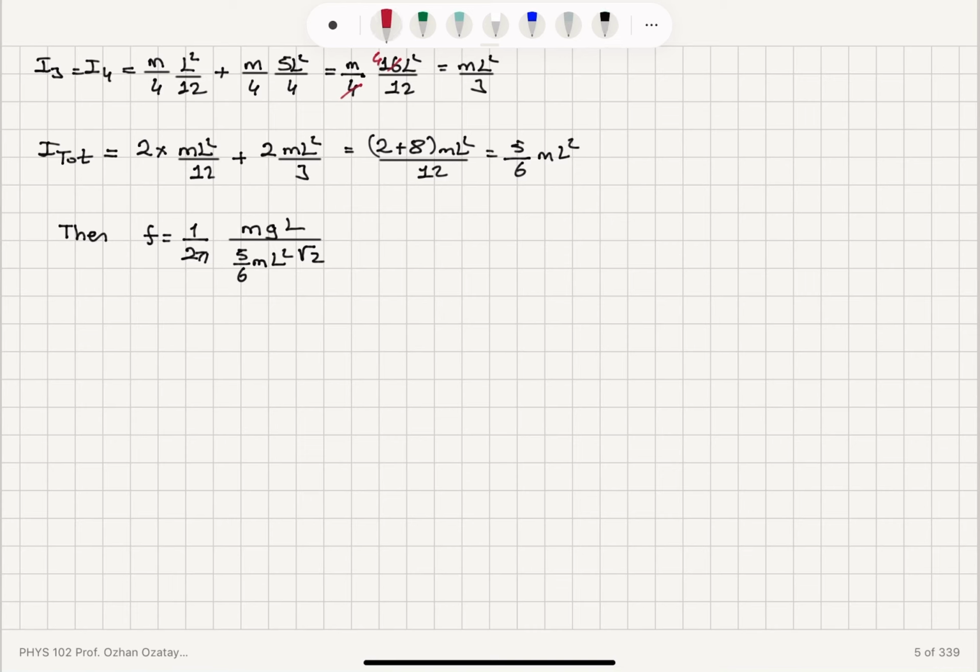You can see that the m's will cancel, one of the L's will cancel, and this will be inside the square root. And this will give me my final answer for the frequency of small angle oscillations to be 1 over 2 pi square root of 6g divided by 5 square root 2 L. So this is the final answer.